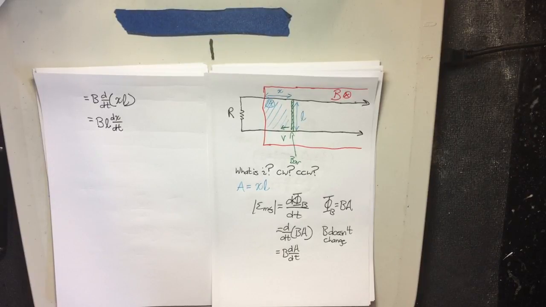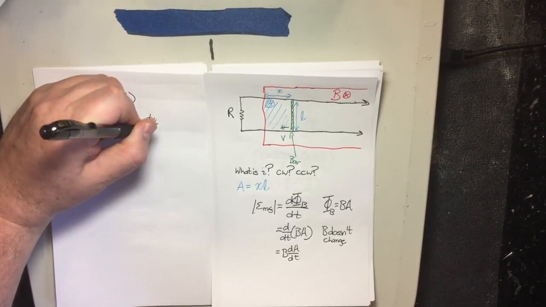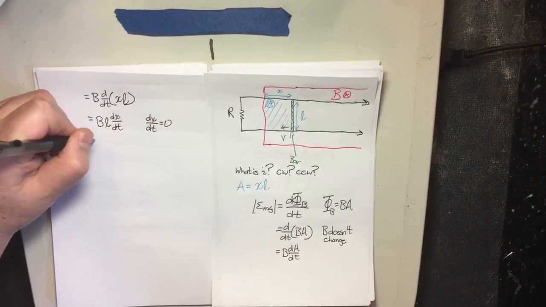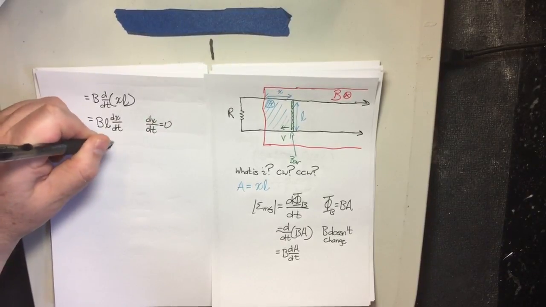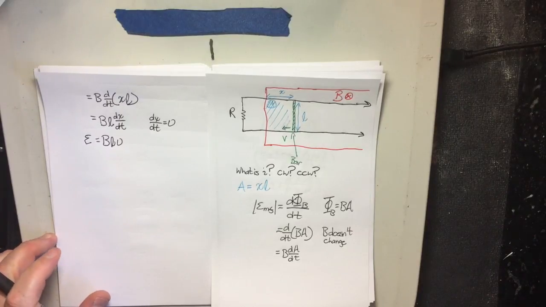And what do I know about dx/dt? What's dx/dt commonly referred to? Velocity. The dx/dt is velocity. So this just becomes BLV. The magnitude of the electromotive force is just the magnetic field times the length times velocity.